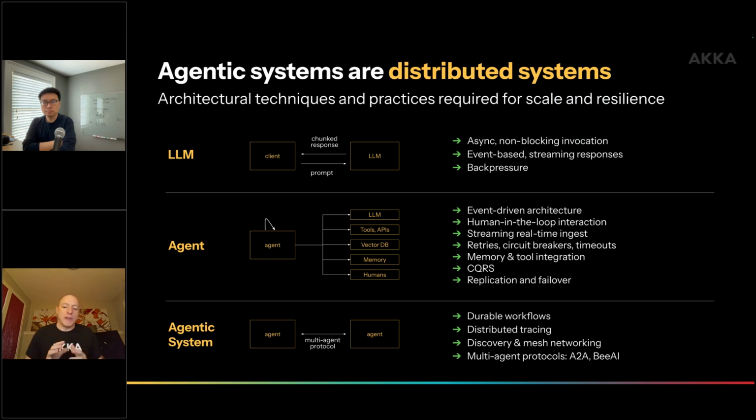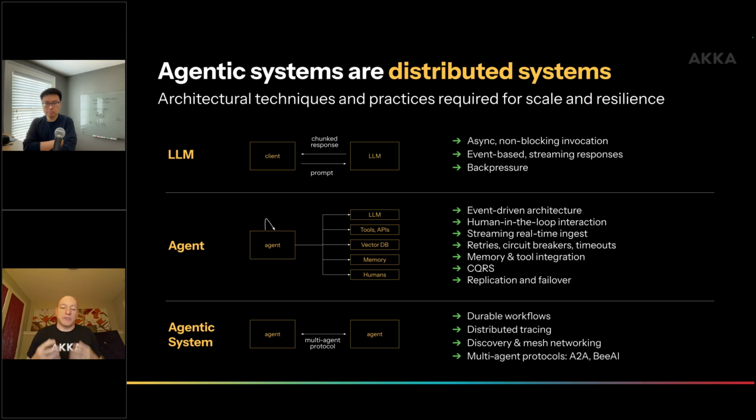You will want to think long and hard about how you're going to do the tool integration and whether your memory database is going to be embedded within the agent or external to it. And then, because you are dealing with distributed APIs and embedded memory, now you have to worry about replication and failover so that you can deal with agents that fail or even regions that fail on you.